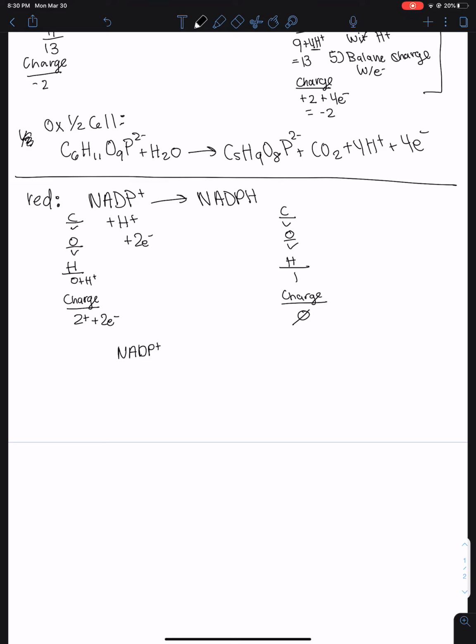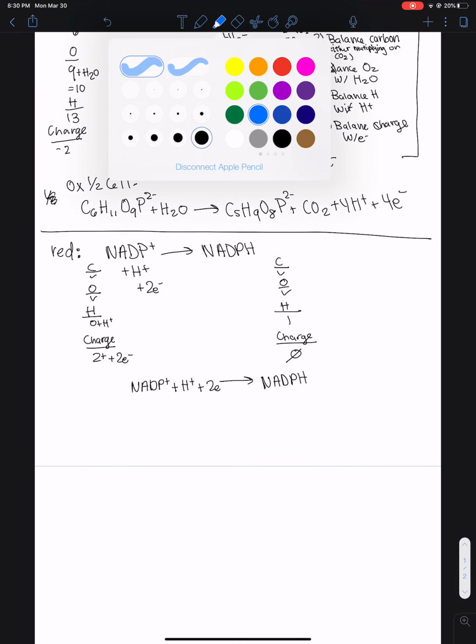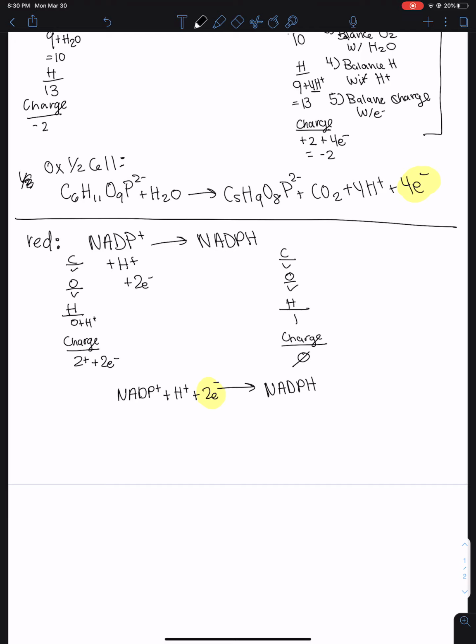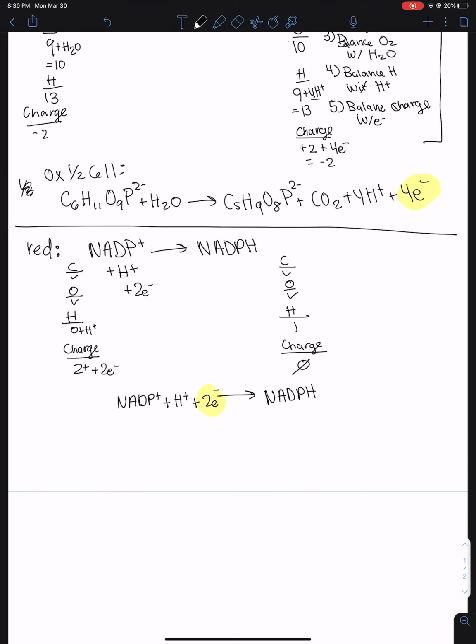The only problem here is that this is a redox pair, meaning they have to have the same number of electrons going in as they do out. As you can see, on this side you have 4 electrons and on this side you only have 2 electrons, and these are going to need to cancel out because the number of electrons going in has to equal the number going out. So what I'm going to do is take this whole equation and multiply it by 2.